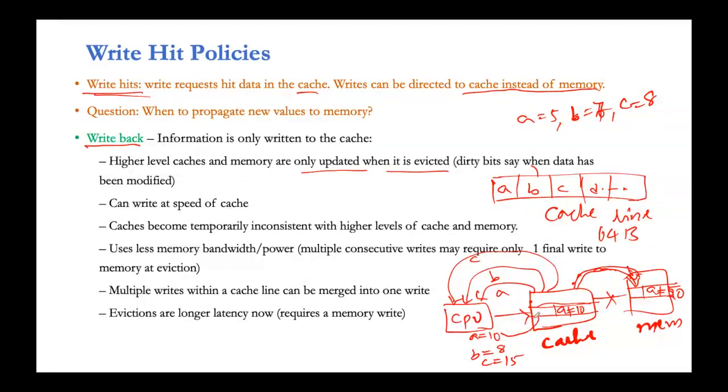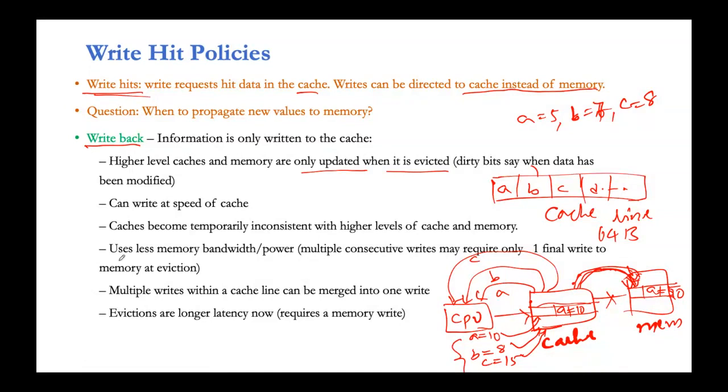So all these are going to be written in this cache line. But in the main memory, the values are still A is equal to 5, B is equal to 7, and C is equal to 8. So once this operation is over, and if this cache line is no more required, all these write operations combine together as a single one, and only once it is going to be written to the main memory.